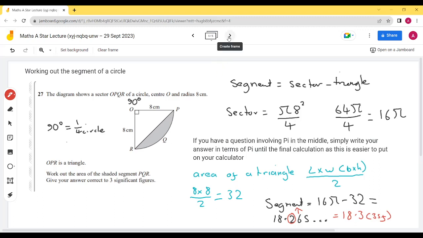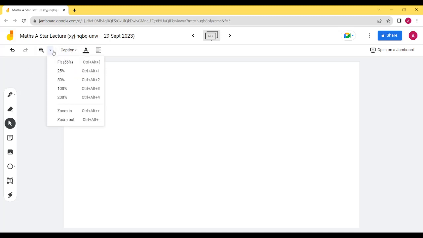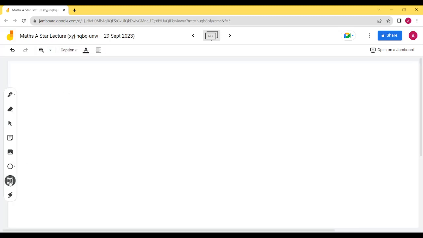Right, so I'm not going to get too bogged down in more 2D shapes, but there's just one other I'm going to mention now because it does come up, which is the area of a trapezium.